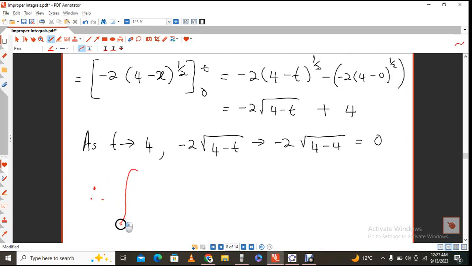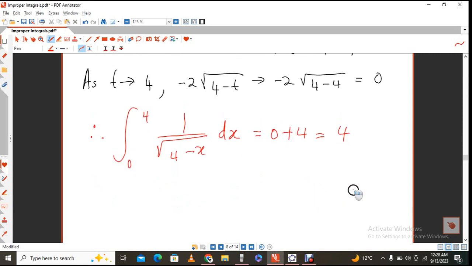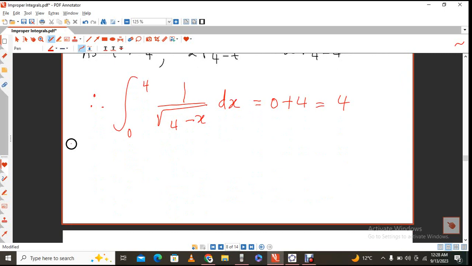Therefore, the integral from 0 to 4 of 1 all over root 4 minus x with respect to x is equal to 0 plus 4, because this stuff here gives you 0, which is just equal to 4. And now you can go ahead and do the deduction. You will say, hence, the limit exists and is finite.